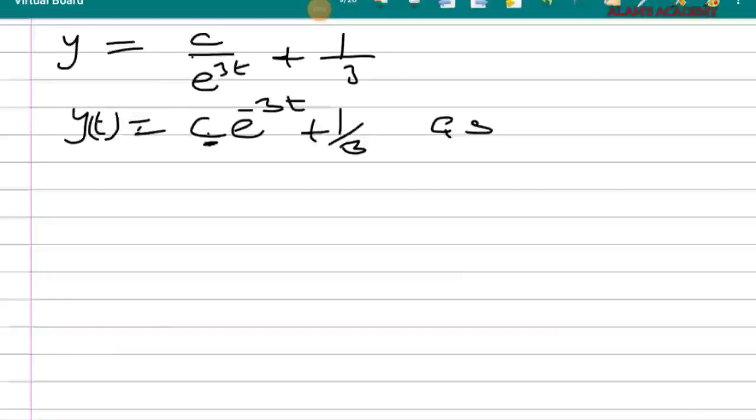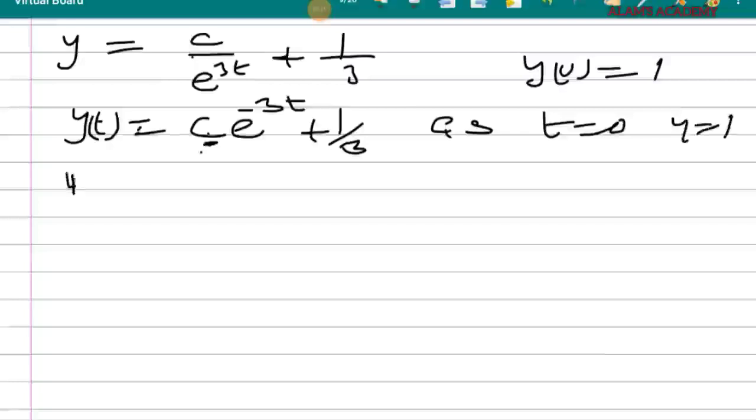Now the question actually specifies that we should find the IVP when y of 0 is equal to 1. It means that t here is equal to 0 and y is equal to 1. So we substitute that and find c.